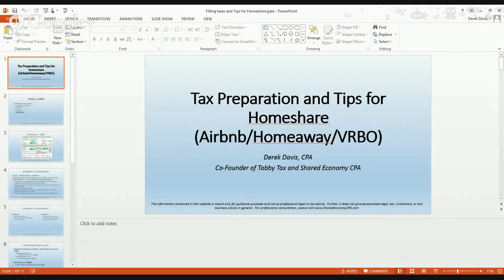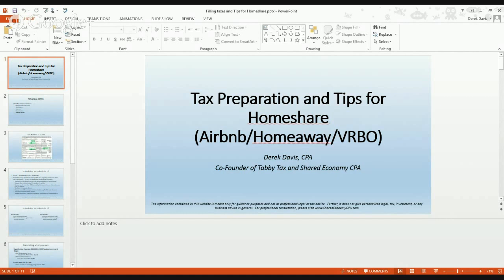So I think the biggest question that arises with Airbnb hosts is, do I report my income on a Schedule C, or do I record my income on a Schedule E? And the main test to look for is material participation, which means, did you regularly, continuously, and on a substantial basis engage in your Airbnb activity?